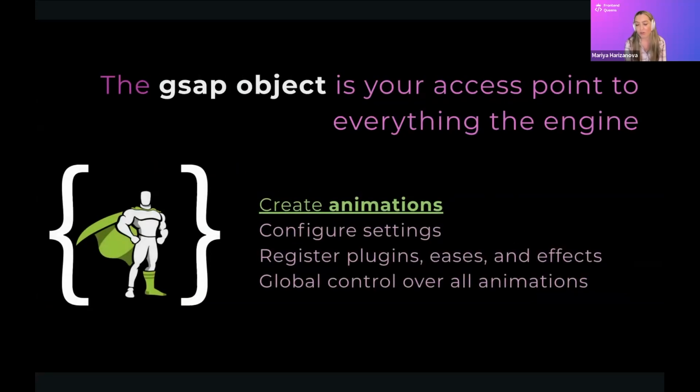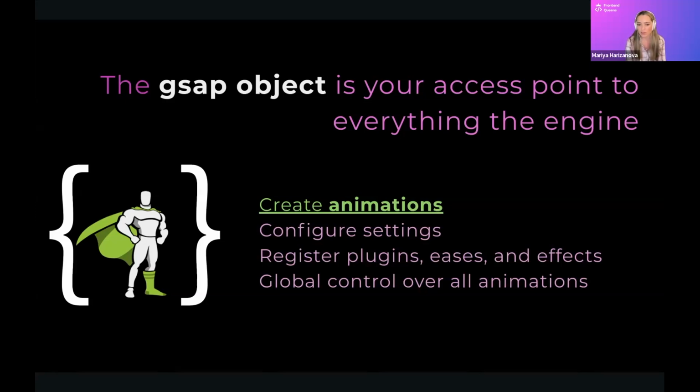And the core, one of the more important items, is the gsap object. It's the heart of the animation, because think of it like a command center. It's your access point to everything you're animating on a page. You used to create animation with gsap.to or gsap.from, but it does more things around that and gives you the control of it.